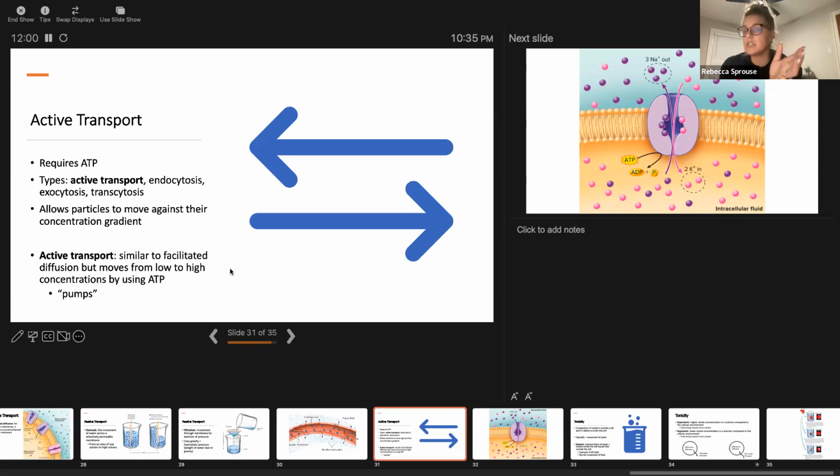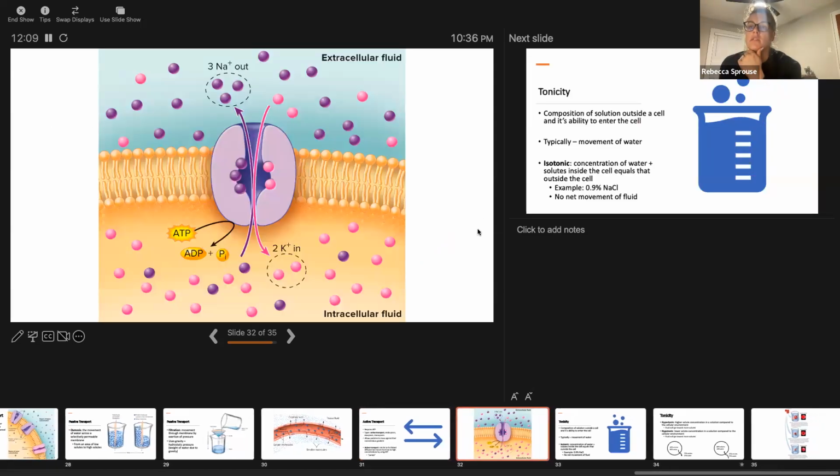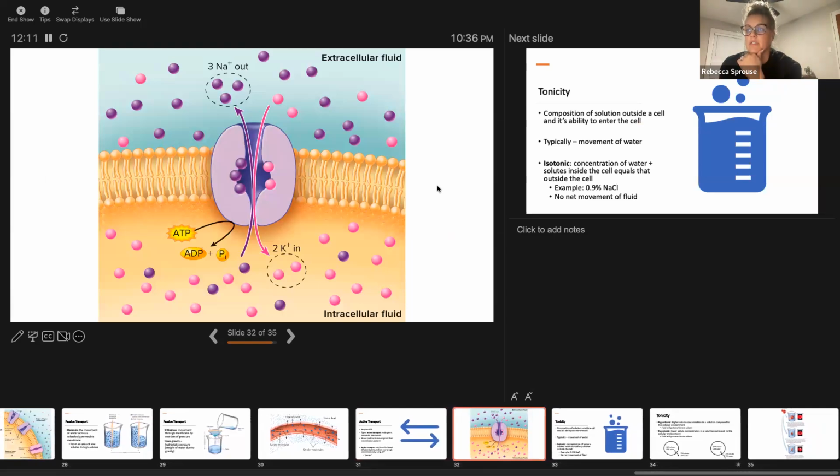It's very similar to facilitated diffusion, but we're moving from a low to high region using ATP this time. This is a very good example: the sodium potassium pump. This is very important in muscle contraction and nerve stimulation. Naturally, on the outside of the cell there's more sodium, and inside the cell there's more potassium at resting.